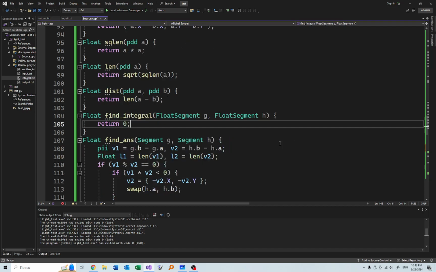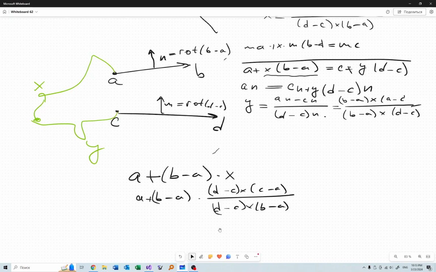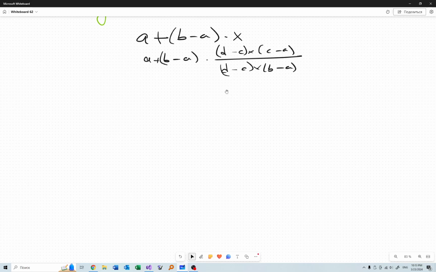Let's find the integral. So now we have two segments which are oriented from the intersection point to other point, and they are not parallel. Let's swap them so that, yeah, I want them to be in the following order.